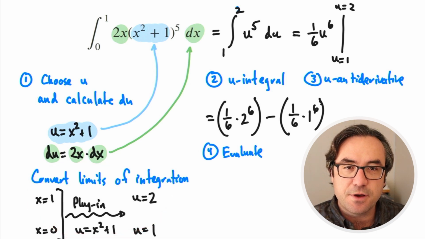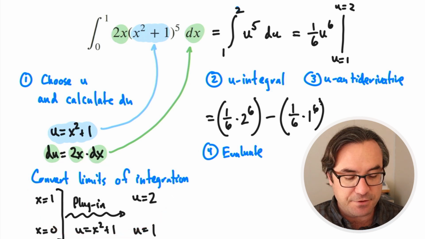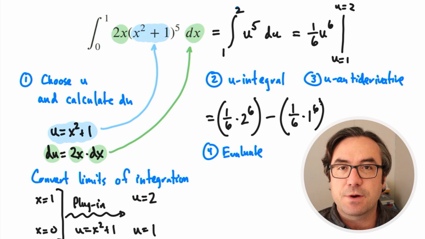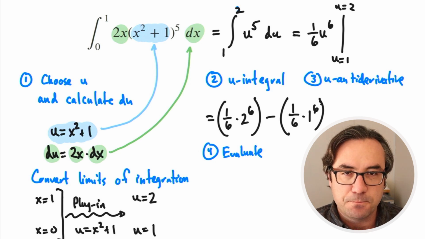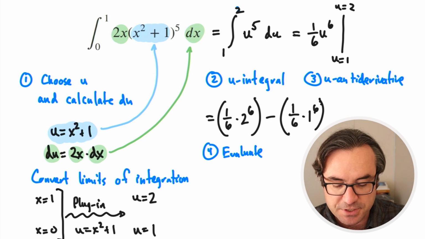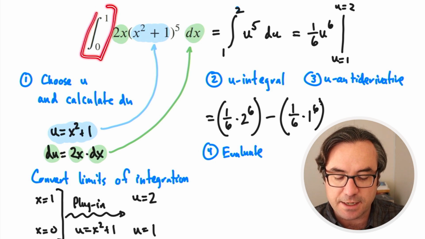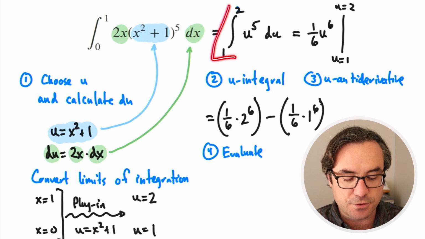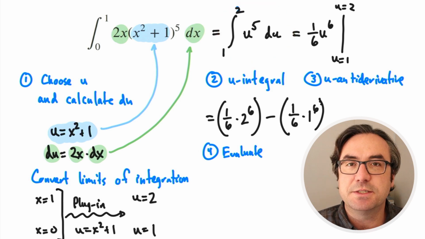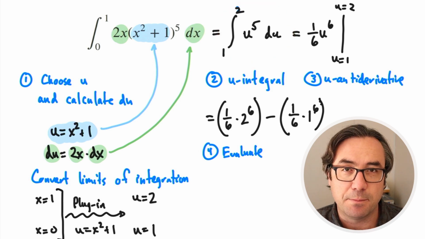But the converting step that we ultimately have to do is, once we have our u antiderivative, we have to figure out the x antiderivative, and then we evaluate. It's ultimately the same amount of work, but this is a nice way to do it. We convert our x limits of integration into u limits of integration, and then this becomes a nice basic definite integral problem.